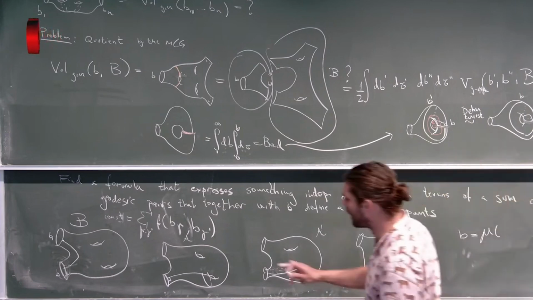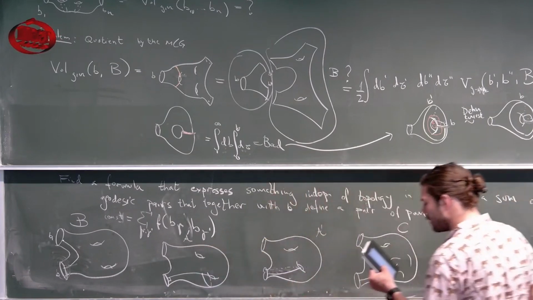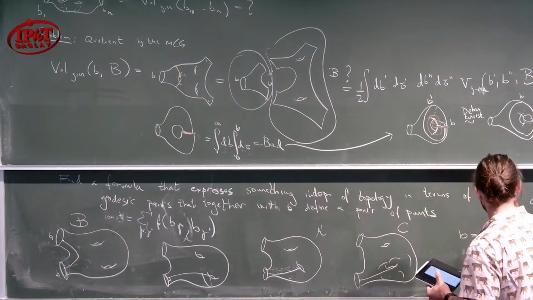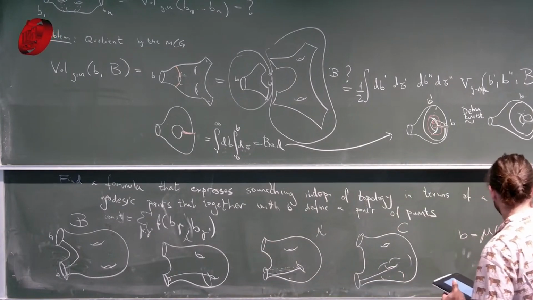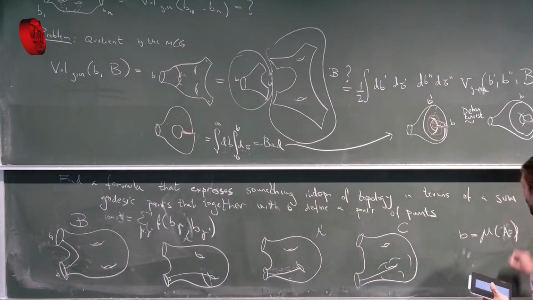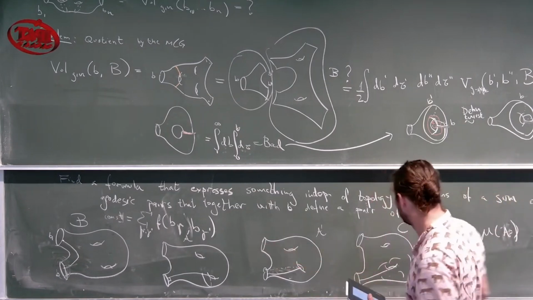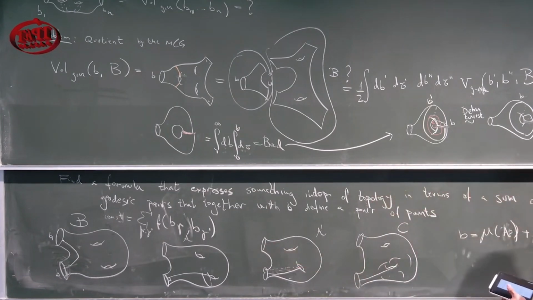So I'll pair up A and A prime. So formally, I have that b is equal to the measure for the type of geodesics in case A, plus the type of geodesics in case B, plus the type of geodesics in case C.